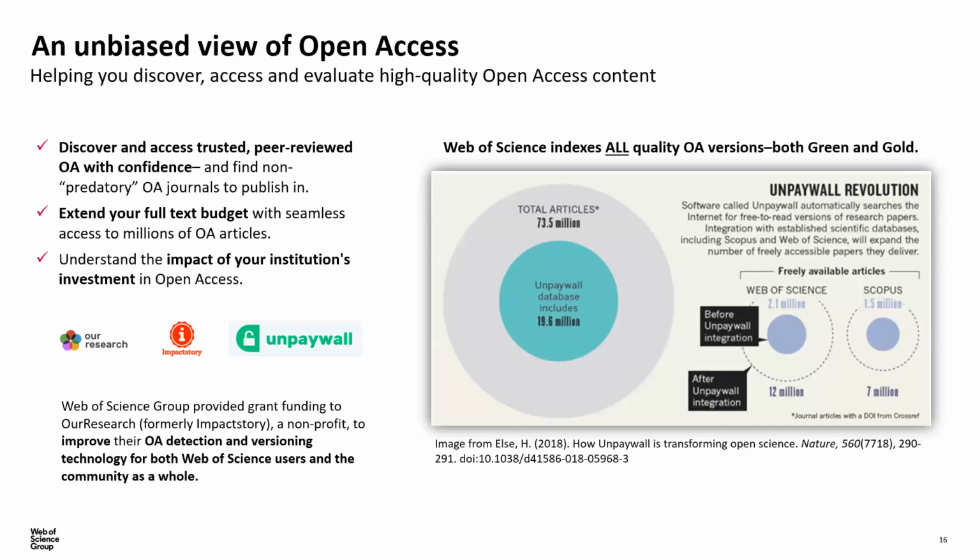This was brought together because we worked with Impact Story. We gave them a grant to look at all journals and indicate down to the article level which articles are free for viewing. Later on, I will show you how to filter down to this open access content. There is at least about 20% of open access content within Web of Science at the moment.